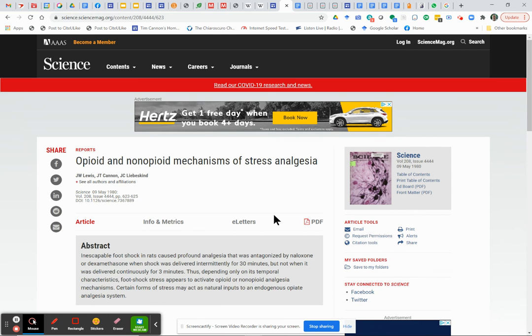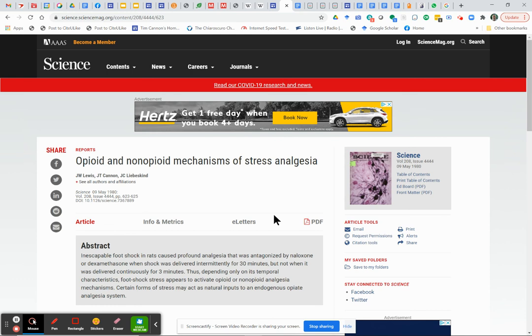Certain forms of stress may act as natural inputs to an endogenous opiate, the term I would use for drugs, analgesia system. And I probably mentioned that the non-opioid we know is related to cannabis. It's an endocannabinoid.